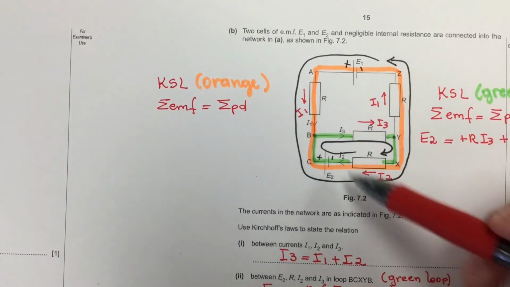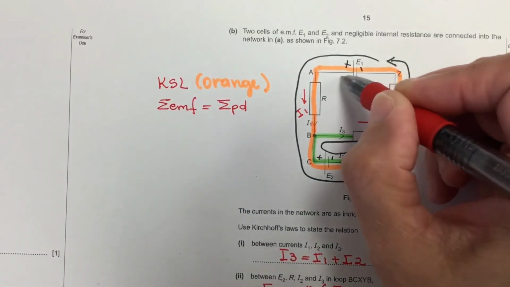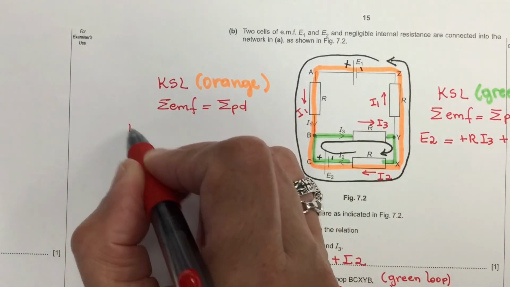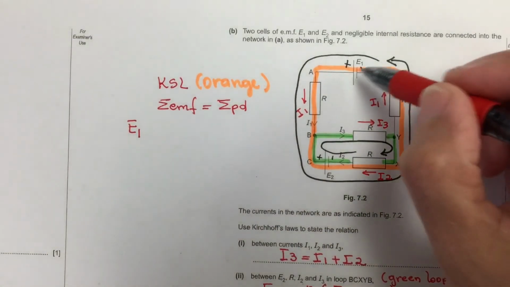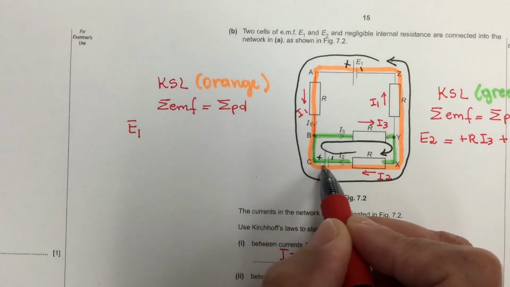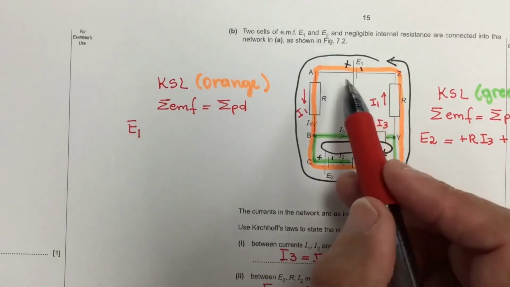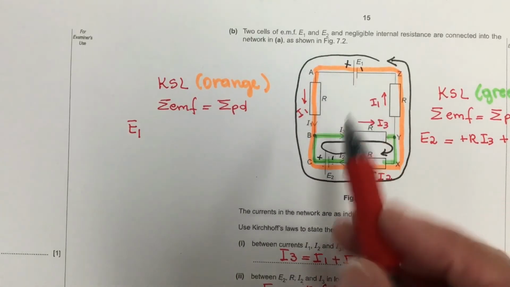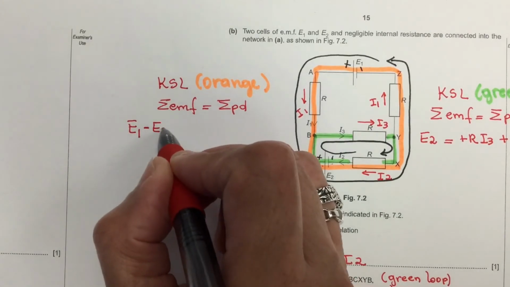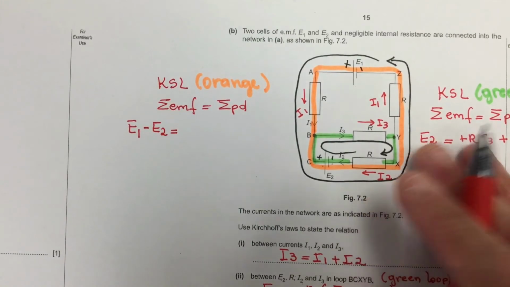Now I have two EMFs. My first one, because it's the direction of my path, negative to positive, so E1 is positive. The second one, I'm going from positive to negative. It's the opposite of what I did here, where this is my reference as positive, so this one will be negative E2. It is equal to, now let's work with the PDs.